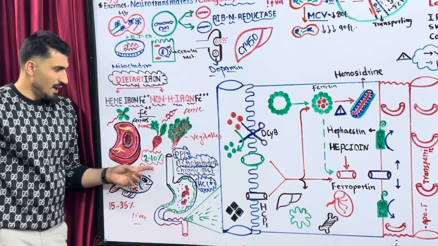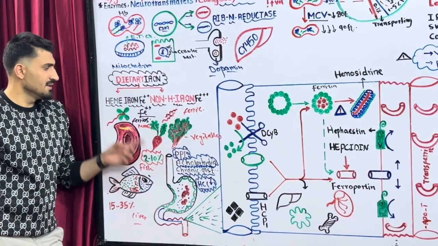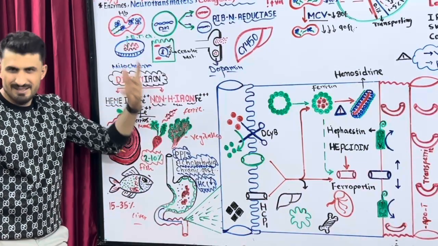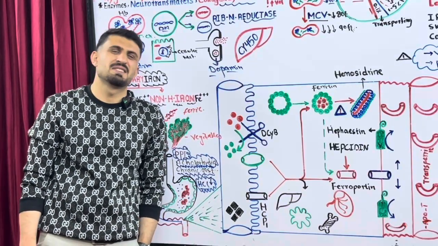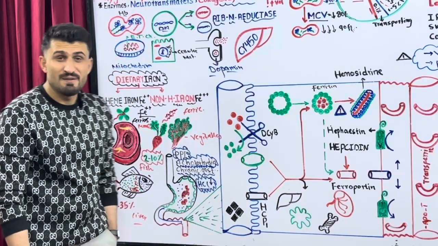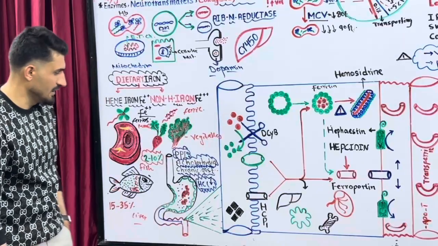So absorption of non-heme iron is less than heme iron. This is good iron, this is not good iron. That's why vegetarians, who eat vegetables always, develop iron deficiency anemia, because it's not absorbed very well.